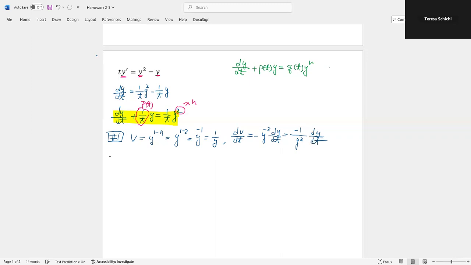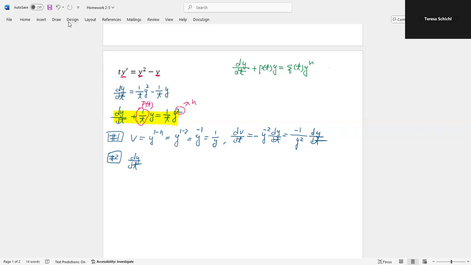Step number 2, we change the dy/dt, so we find dy/dt in terms of dv/dt. Here dv/dt is negative 1 over y squared dy/dt.